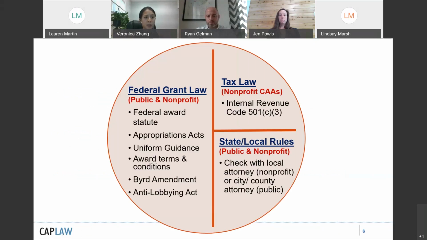I've covered some of this already, but I just want to highlight a few pieces in the federal grant law column. Generally speaking, for lobbying, your federal award statute often doesn't speak to lobbying.